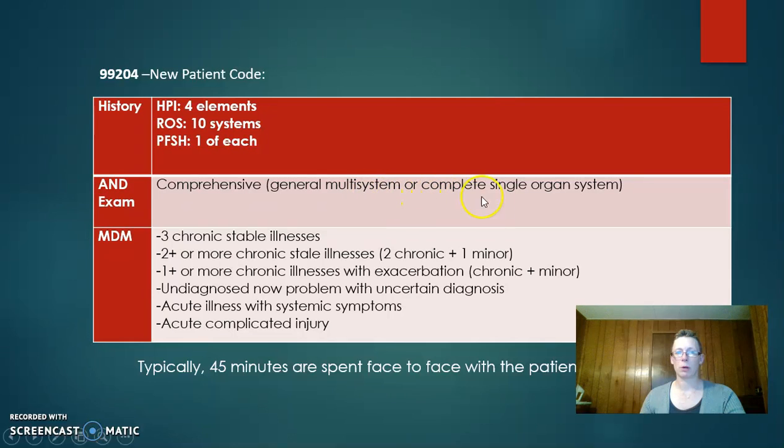HX is history. MDM is medical decision making. CMS, Centers for Medicare and Medicaid Services. CPT, current procedural terminology. And ICD-10-CM is International Classification of Diseases, the 10th revision, clinical modification.